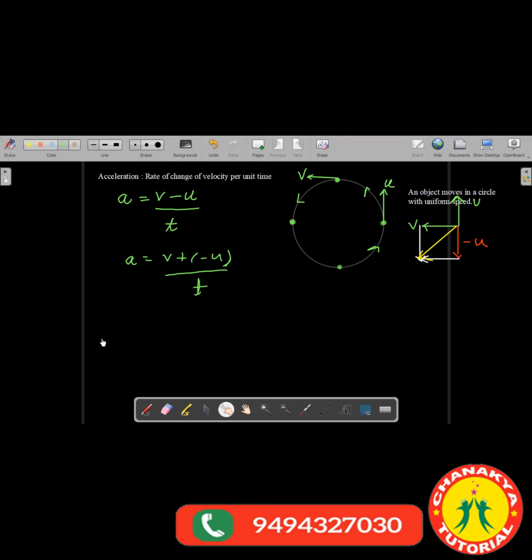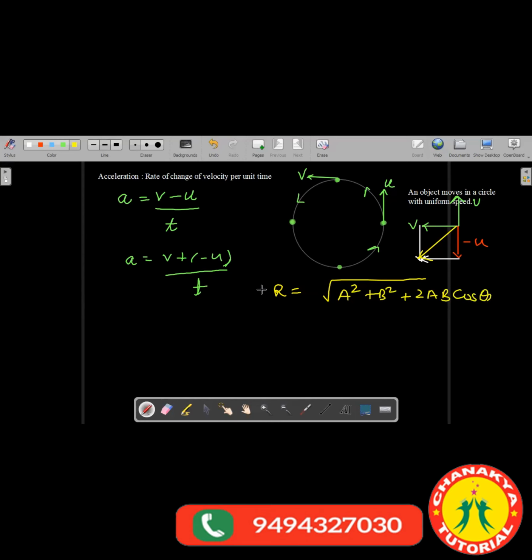Got it? So in this way, we can find out the amount of acceleration. v minus u can be obtained using the parallelogram law, where the resultant was obtained as under root of a squared plus b squared plus 2ab cos theta.